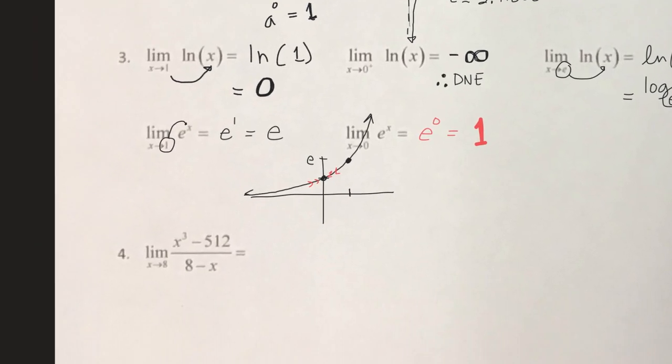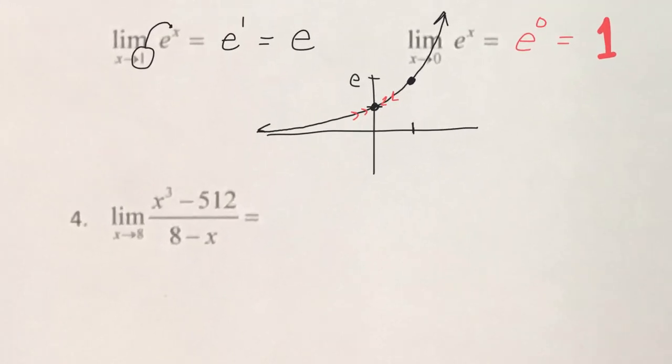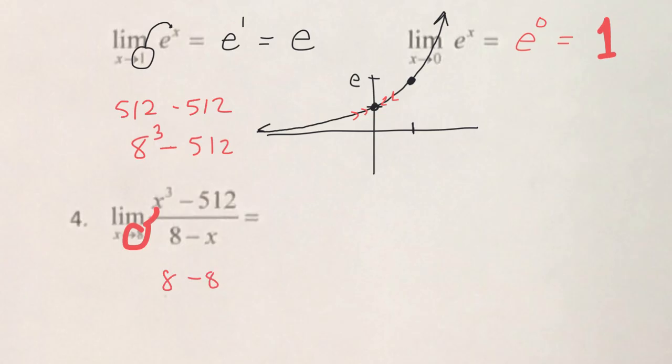Okay, number 4, when we plug in 8, right? I don't know if you know this, but 8 cubed is apparently 512. So 8 cubed minus 512 is 0. And 8 minus 8 is 0. So we're going to use our factorization, your special factorization for the difference of cubes.